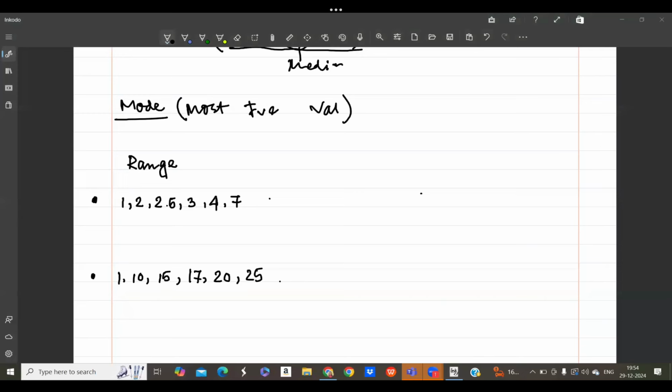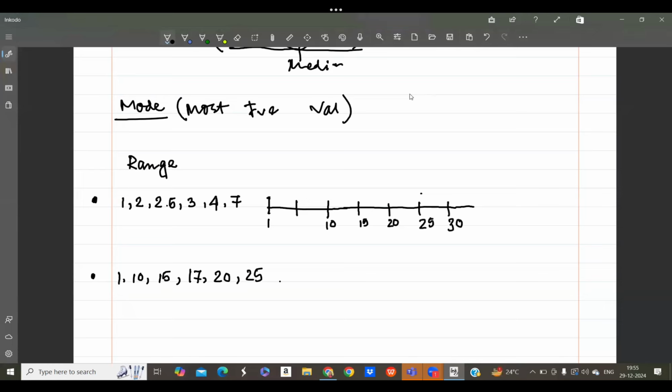Okay, so everyone is saying second one. Your answer is absolutely correct. Now let's plot this data. This is the scale.